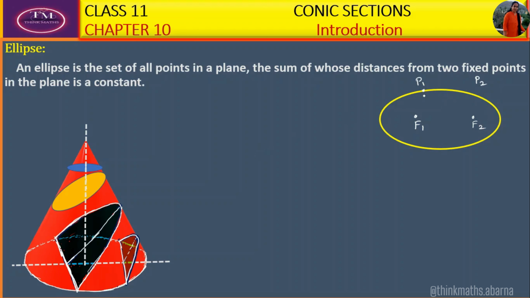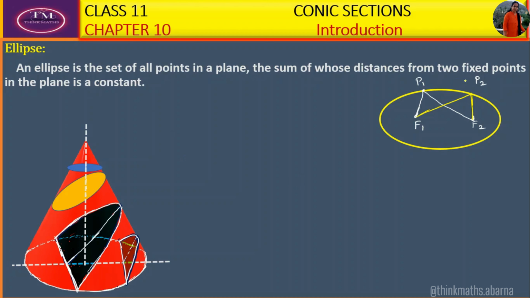Okay. Now I am going to join F1 and F2 with P1. So I have joined F1 and F2 with P1 and I am going to join F1 and F2 with P2. Okay. So if it is so, what is the condition? Is the set of all points in a plane.